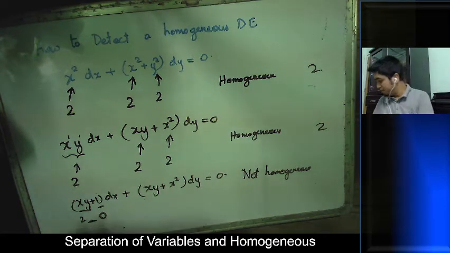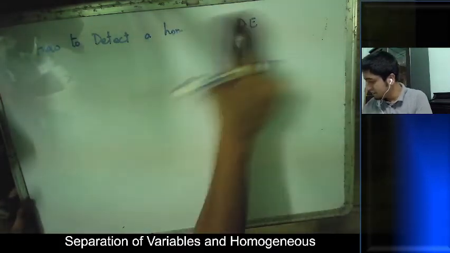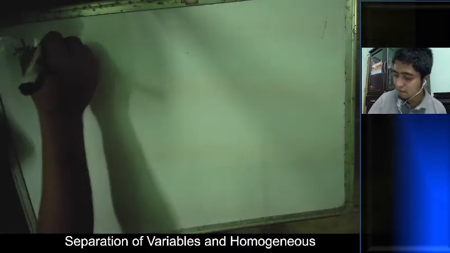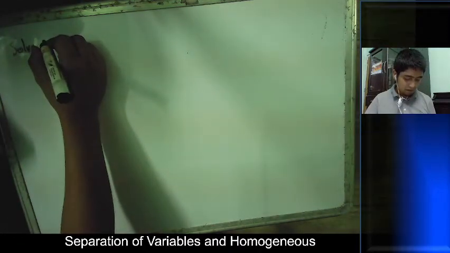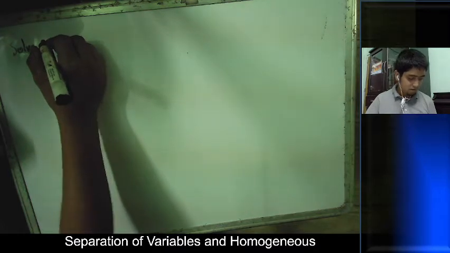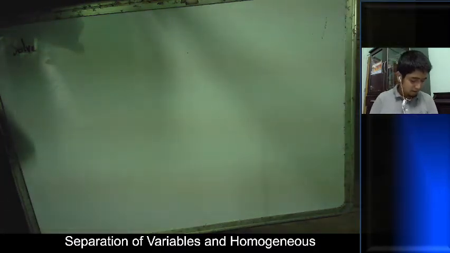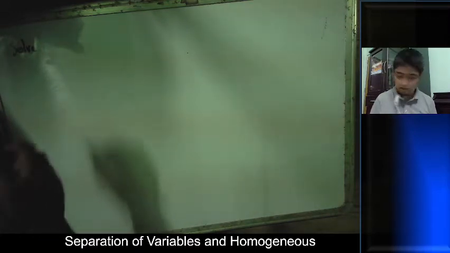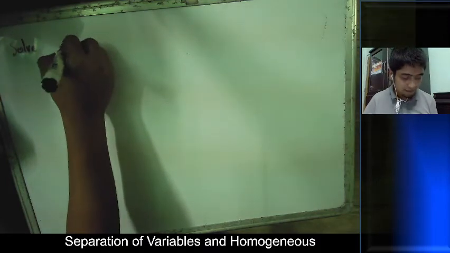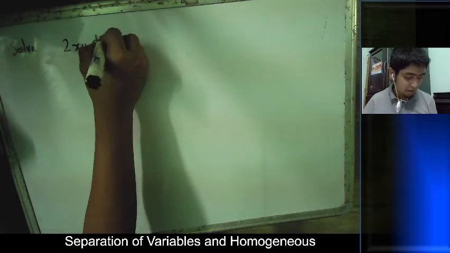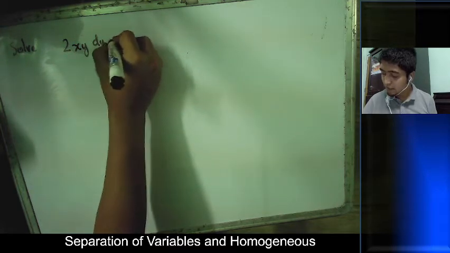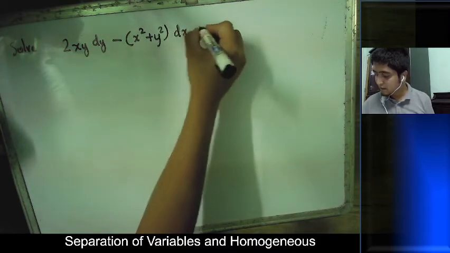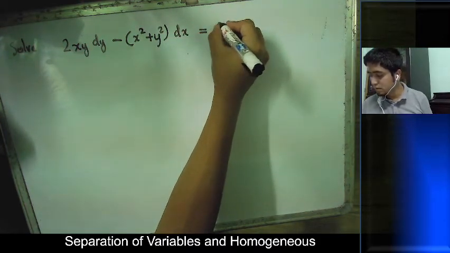All right, so with this being said, let us solve a differential equation which is homogeneous. So the question is: solve x squared 2xy dy minus (x squared plus y squared) dx equal to 0.